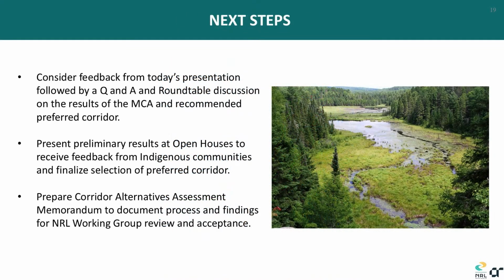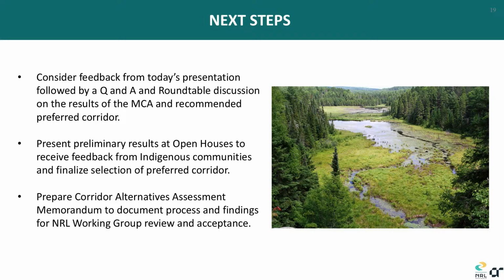In terms of next steps, we're going to present these preliminary results at the open houses to get feedback from Indigenous communities and finalize selection of the preferred corridor. We're going to consider feedback from the presentation, and we're going to do a Q&A session and a roundtable discussion, hopefully at these open house events.